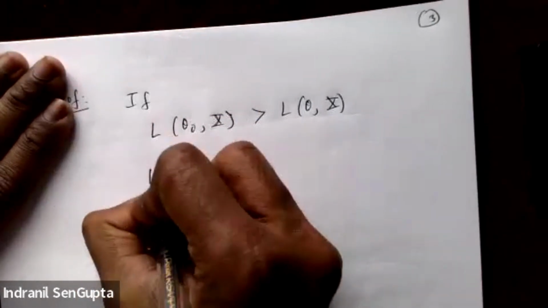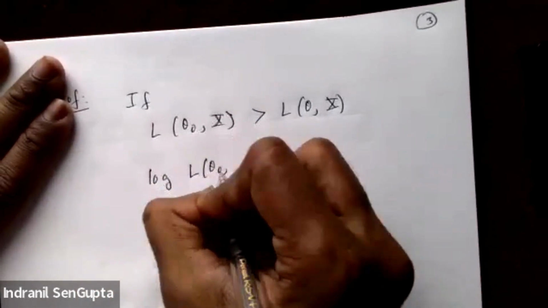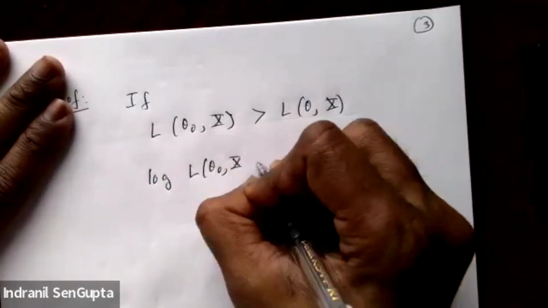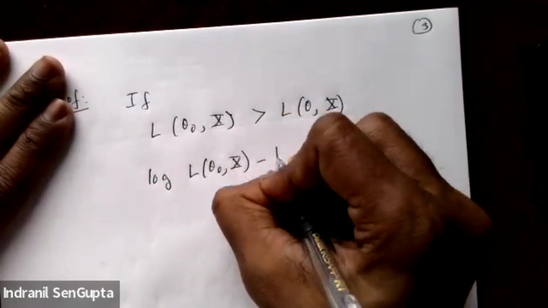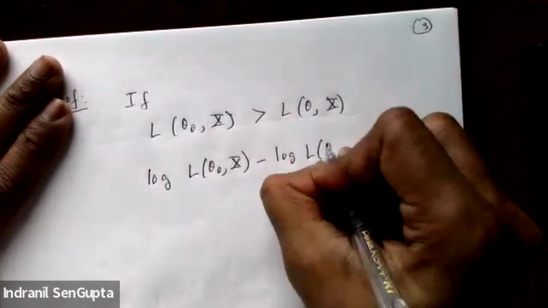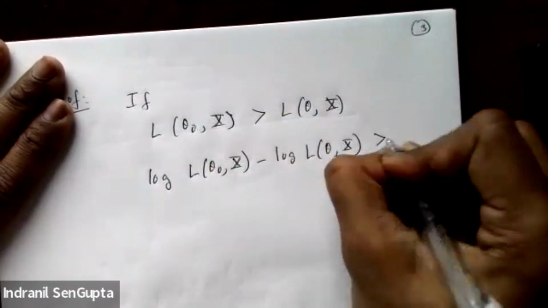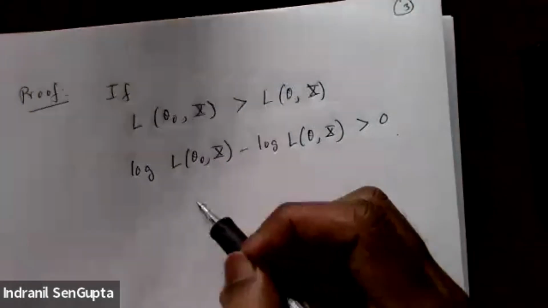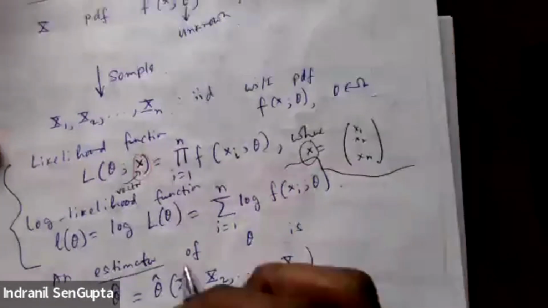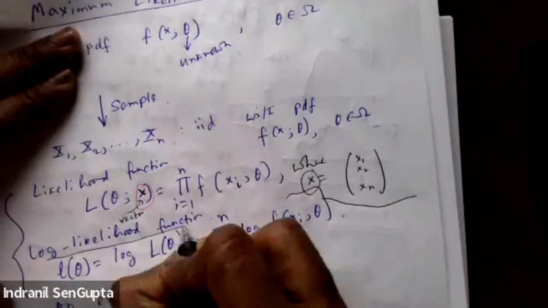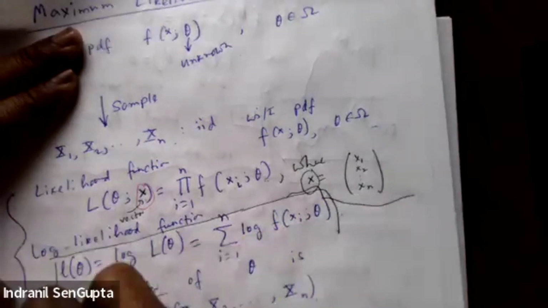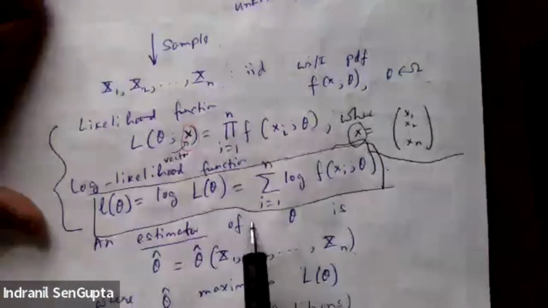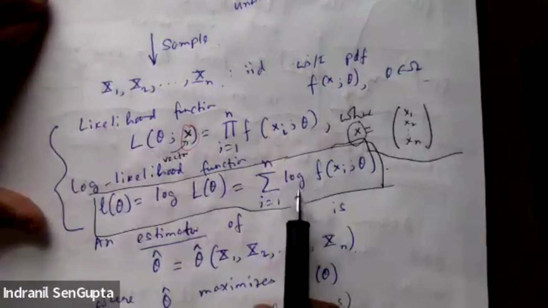Then log L of theta 0 x minus log L of theta x is bigger than 0, right? Now let's compute the logarithm of this. I have written log of L theta right here, so that is the formula: it's the summation of log of f of xi theta.